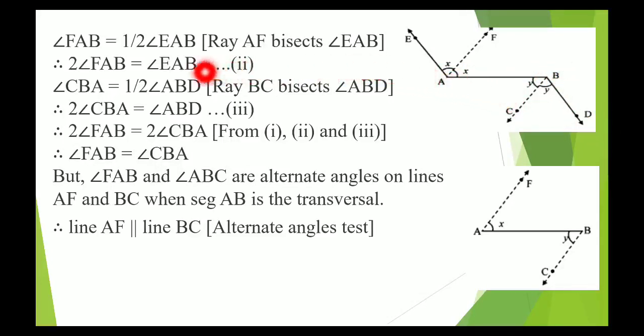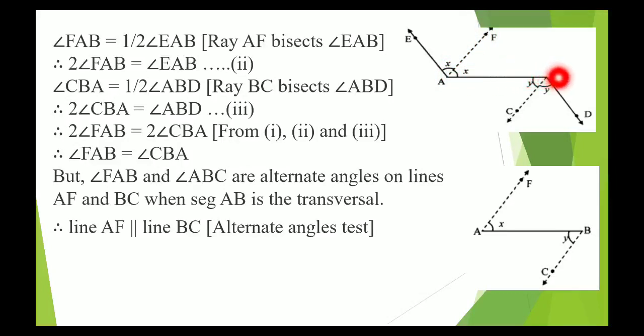Since we know that EAB is equal to ABD from statement number 1, therefore from statement number 1, 2 and 3 we can write 2FAB is equal to 2CBA. The 2 get cancelled, therefore FAB is congruent to CBA. Where is FAB? Here.